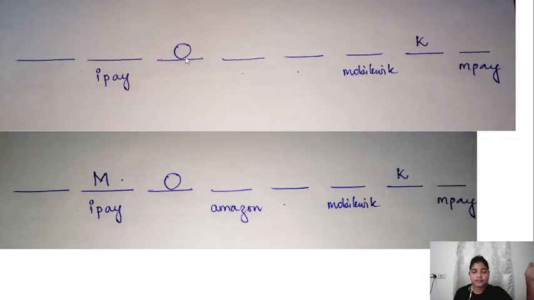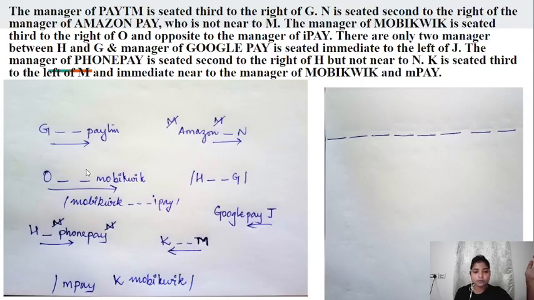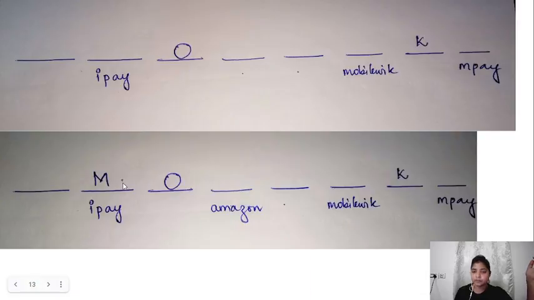O will be seated here, and then O, 2 people, then MobiKwik. MobiKwik and IPay are facing each other, 1, 2, 3, and then IPay. Or you can see it in this way also, 1, 2, 3, IPay. Right? Fine.